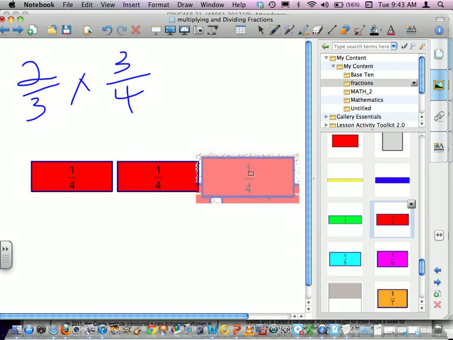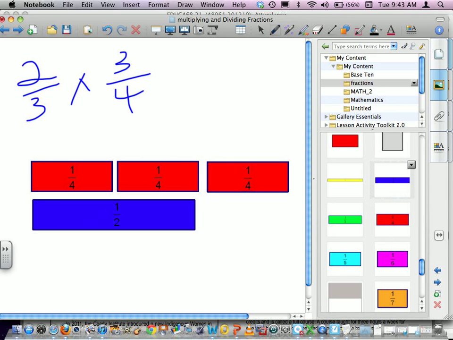So there's my 3/4. What is 2/3 of that? 2/4, right? Or, what's another way to express 2/4? 1/2. Good. So 2/3 of 3/4 is 1/2. Okay, so these will work as well.